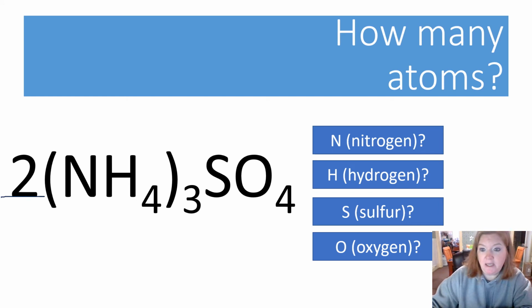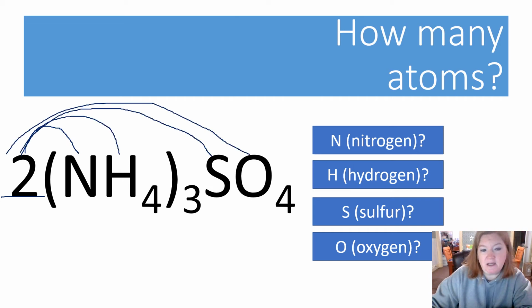Okay, a lot going on here. So let's see if we can get it right. We have a coefficient. So that means this applies to the nitrogen, to the hydrogen, to the sulfur, and to the oxygen. Everything, no matter how much, gets multiplied by this 2. So let's start with nitrogen. Nitrogen has no subscript, so that's 1. But nitrogen is inside the parentheses, so this 3 applies to this nitrogen. So that makes 3.